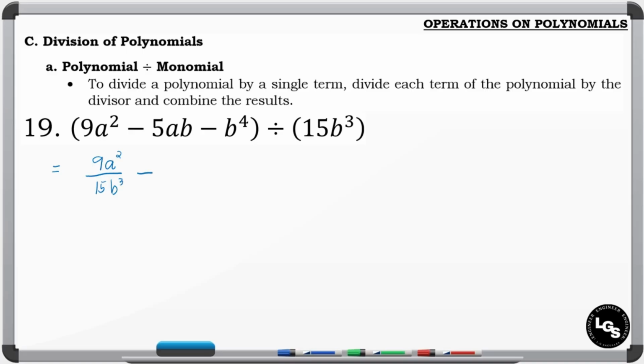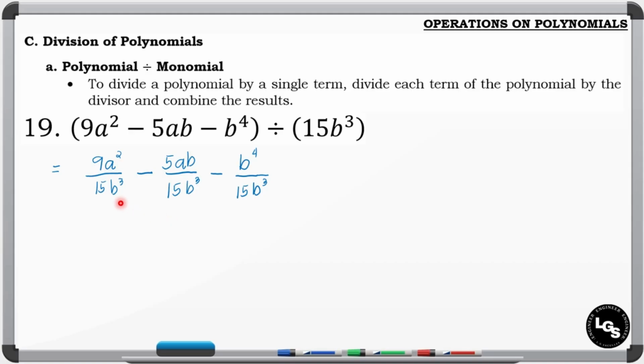So let's copy the operation, or the sign, minus 5ab. Then let's divide that again by the monomial or the divisor, which is 15b cubed. Then for the last term of the polynomial, b raised to 4, let's divide that again by the divisor, which is, of course, the same as the previous one, 15b cubed.